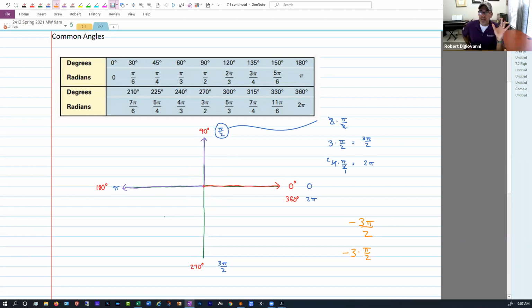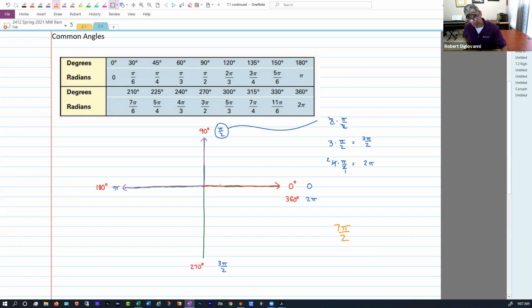Okay, with this concept, let's see if we can figure out where 7 pi over 2 would be. Again, this means we're going to count by pi over 2, and we're going to have 7 of them, going counterclockwise.